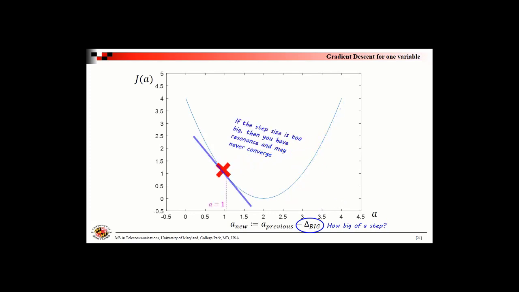Well, in that case, I might actually overshoot the minimum of j. That may cause resonance, in which case I will never reach the optimum value of a no matter how many iterations I go. And I will never get any closer to the minimum of j.